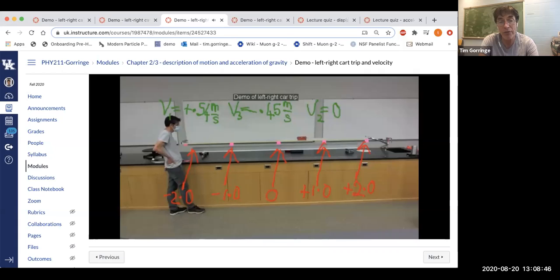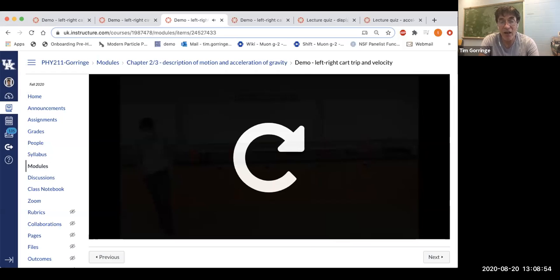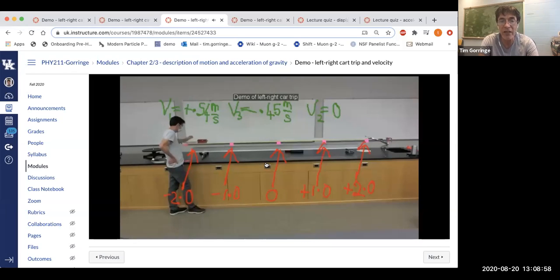On this particular video, I marked, upstairs in my writing, the speed of the cart at those 3 locations: the initial location, the final location, and that intermediate far right location. So, for example, I released the cart, and I measured 0.54 meters per second toward the right.